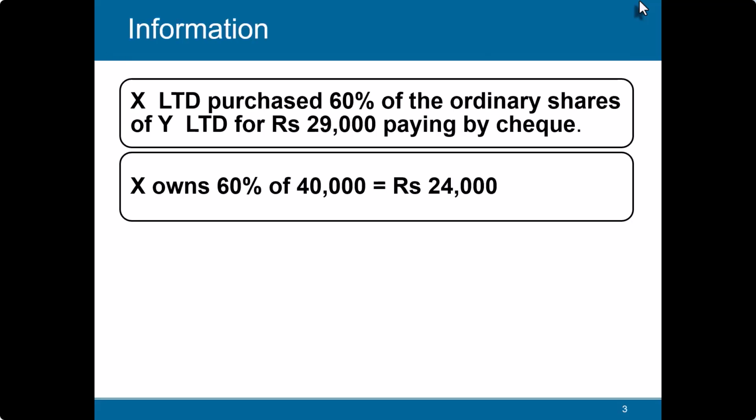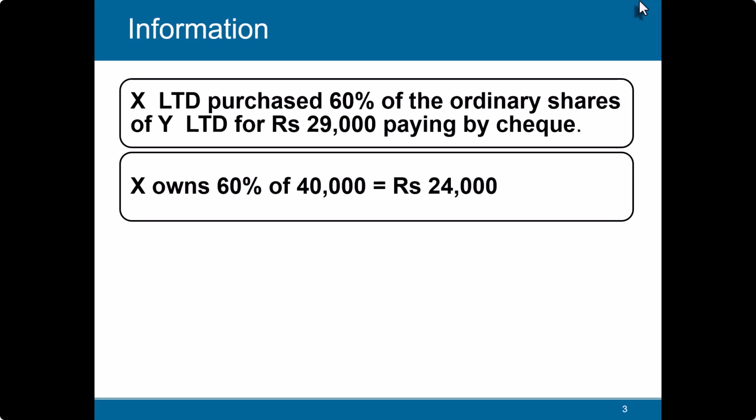So what have they paid? They have paid for a 60% stake. So X owns 60% of 40,000, which is equal to 24,000. The 40,000 is equity plus reserves, and they own 60% of it.